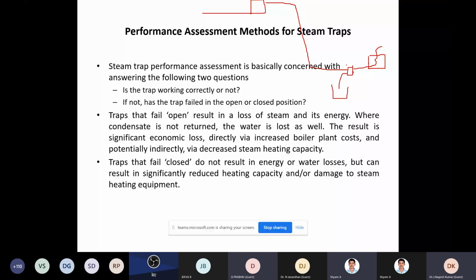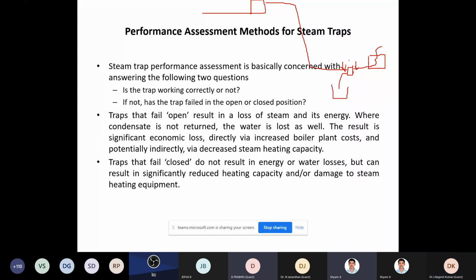Steam trap monitoring can be done in many ways. The simplest is you measure the temperature here using an infrared gun. You measure the temperature here, the outlet of the trap, with the infrared gun. If the temperatures are the same, then the trap is not working properly, because it is allowing the steam to come out through the trap.